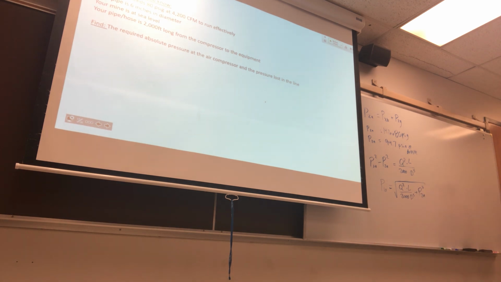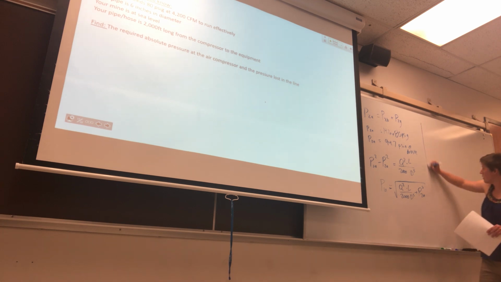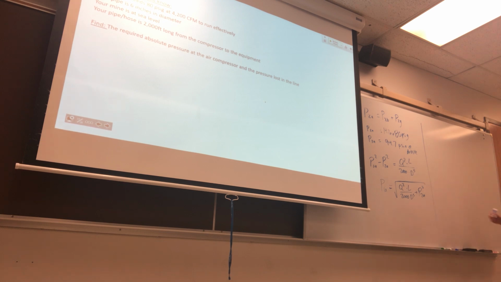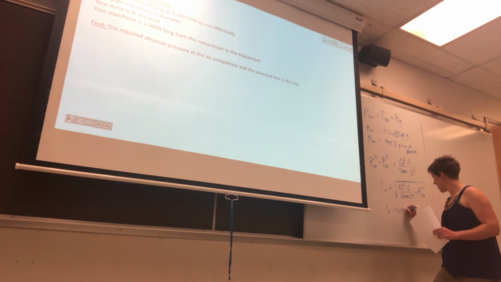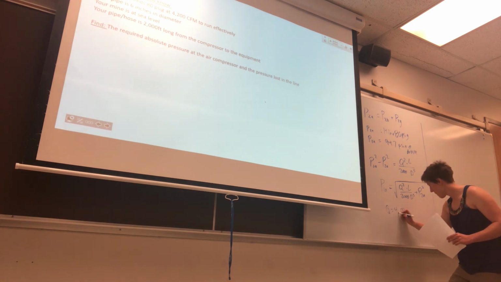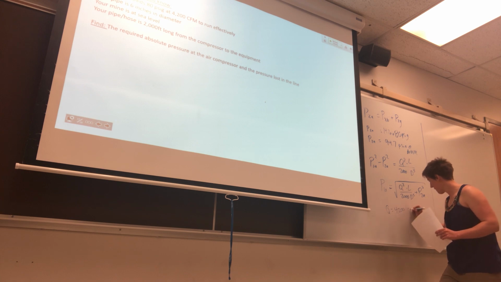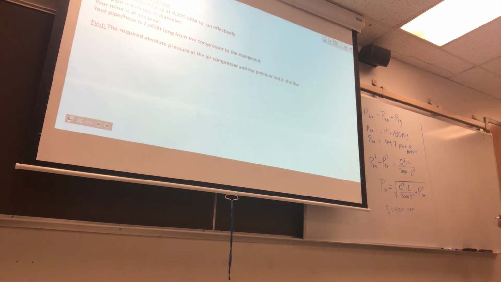Following that? Is that what y'all did? So far, so good? Okay, so we have our variables. It gives us Q. So that Q is that 4,200. Okay, so we can plug that in. Our length, gave us the length, right? 2,000 feet.